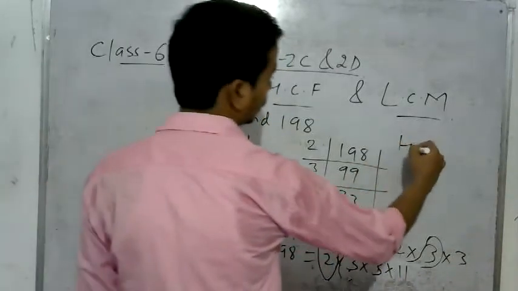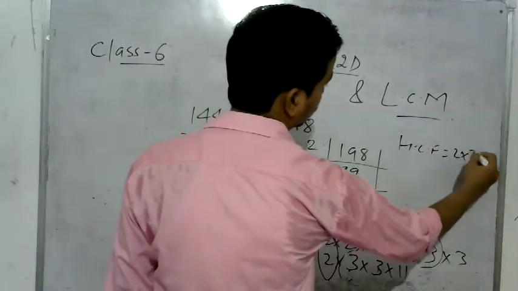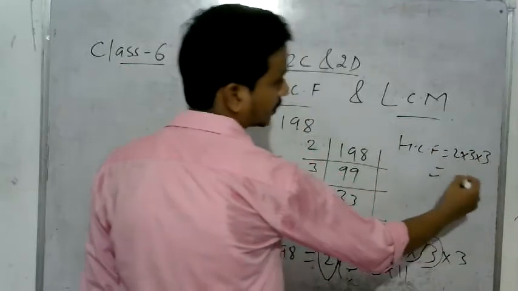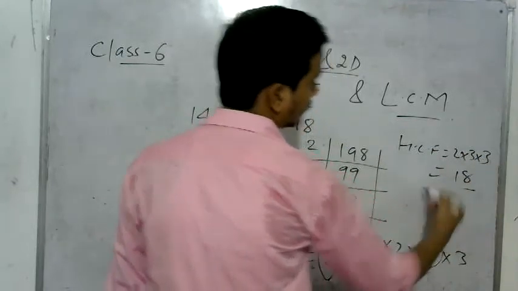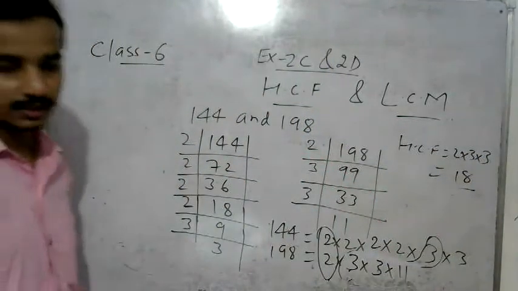So HCF will be equal to 2 into 3 into 3, which is 2 threes are 6, 6 threes are 18. This is called the prime factorization method.